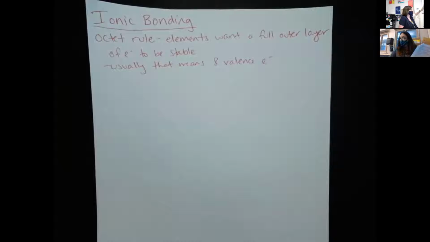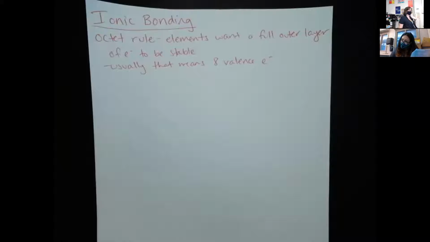It only has 2 electrons, but that first energy level is full, and so it's happy with only 2. You've probably all heard a name for the far right category. Do you know a name for them? Starts with an N. They're the noble gases. They all are gases, and they are all stable. They all fulfill the octet rule.